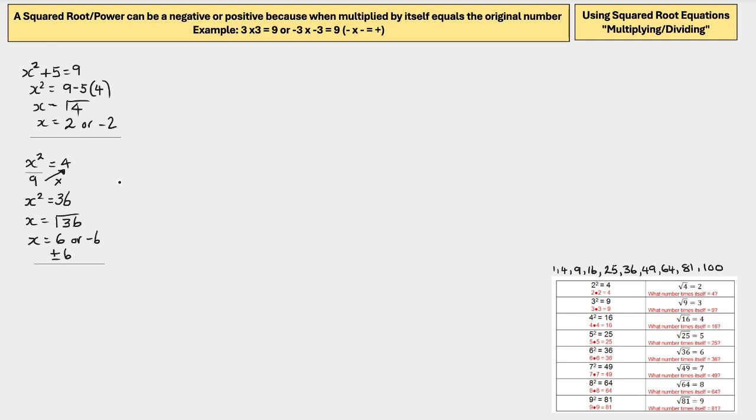So we've got another one. X squared equals 16 all over 4. So same again. Got to get rid of that 4. So now we've got x squared equals 64 because we've just timesed that.